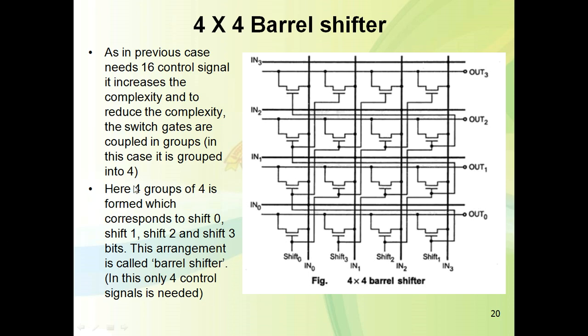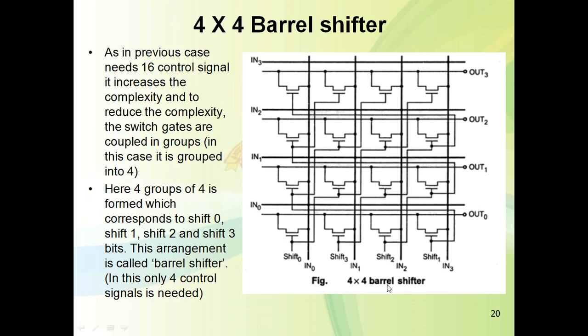Here 4 groups of 4 are formed, which correspond to shift 0, shift 1, shift 2, shift 3. This arrangement is called a barrel shifter. In this, only 4 control signals are required.